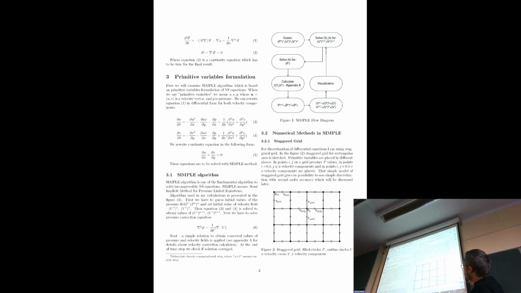So first of all, we are using the so-called staggered grid. I don't know if you've seen staggered grid before, but it is used in CFD very often. So the idea of staggered grid is that instead of discretizing your system in the regular way, for each of the fields that you have the same.